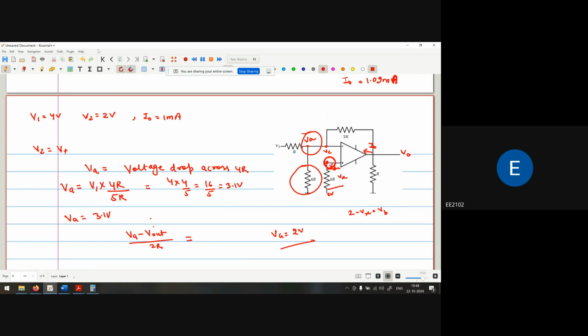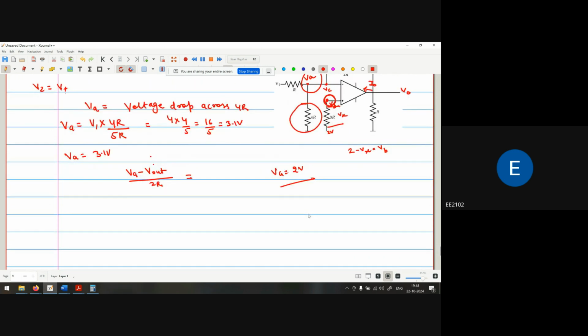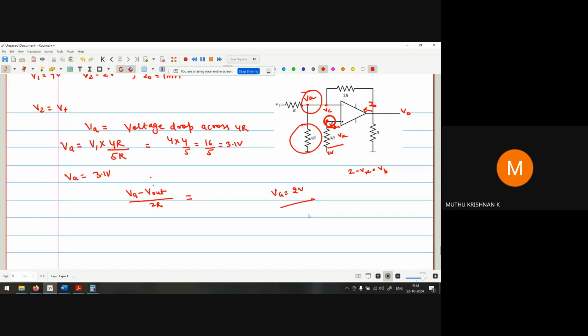So now we apply KCL at the VA point. If current is coming from this direction, it will be going in this direction and this direction.